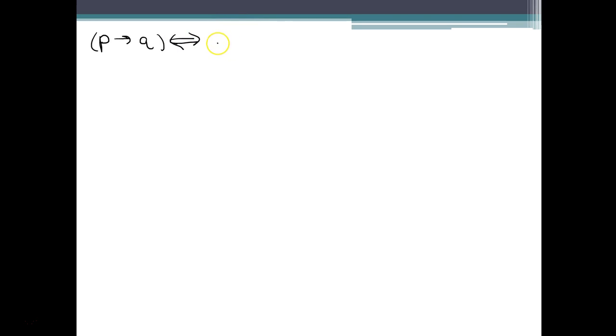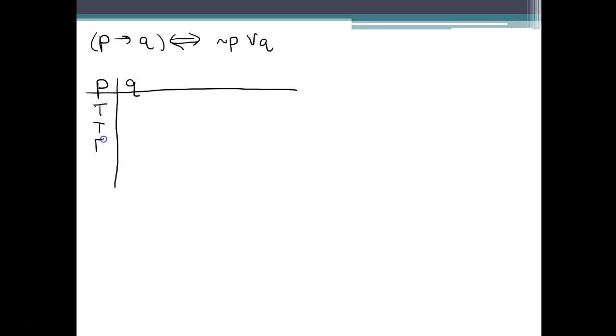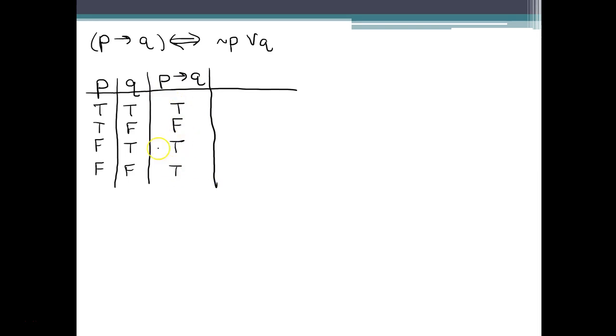That's the disjunction, not P or Q. And let's prove it by doing a truth table. Okay. If P then Q, that column is going to go TFTT. So the only time it's false is if you go T to F, otherwise it's true.